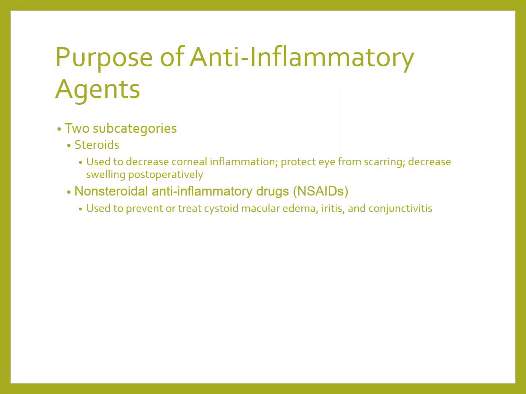Two categories of anti-inflammatory agents are used in ophthalmology, steroids and NSAIDs. The general purpose of these is just to reduce inflammation and swelling postoperatively. So anytime you are manipulating the eye, it's going to cause inflammation naturally, so these are going to help to counteract that.